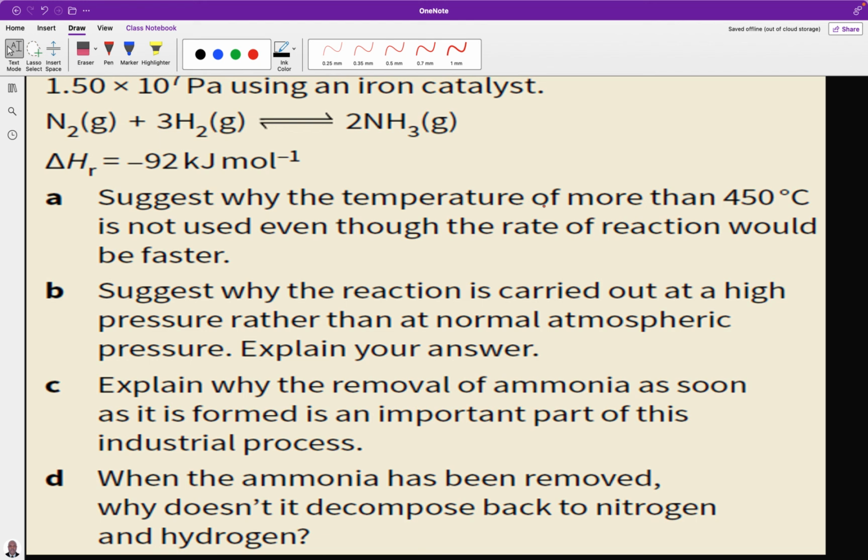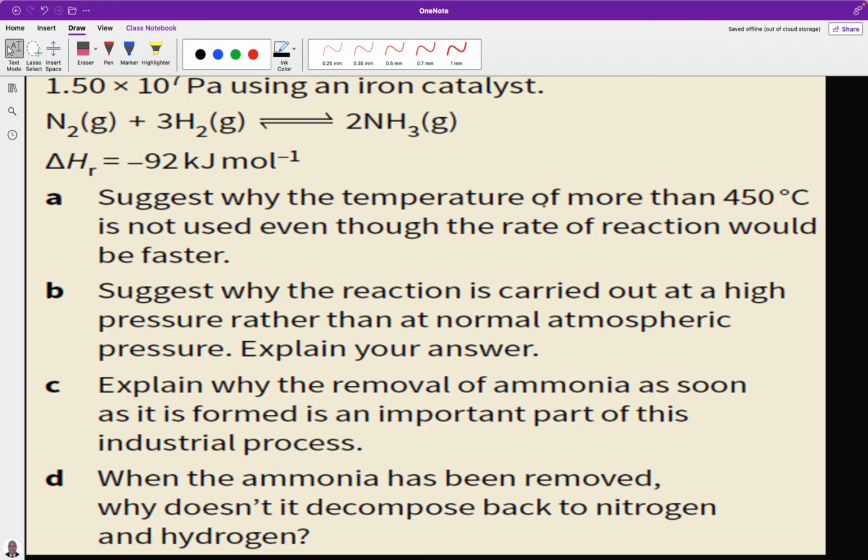So ammonia is removed immediately as it is formed, because if allowed, it will decompose back into what? Into nitrogen and hydrogen. Once more, ammonia is removed as soon as it is formed, because since it is a reversible reaction, it is going to be decomposed back to the reactants, nitrogen and hydrogen. So it must be removed as soon as it is formed.